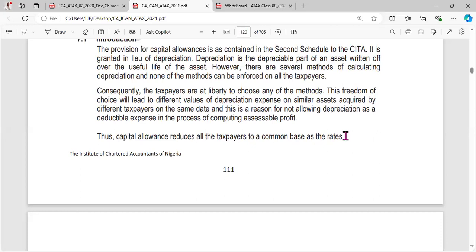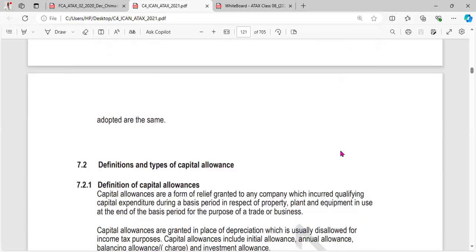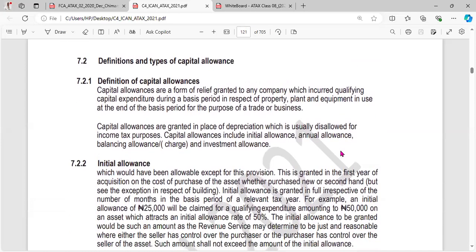While depreciation may be allowed in financial statements, the IFRSs allow you to change your method of estimate, to choose different methods you want to use for your depreciation value. The tax law will not allow depreciation, but will give you a unified rate in the form of capital allowance.